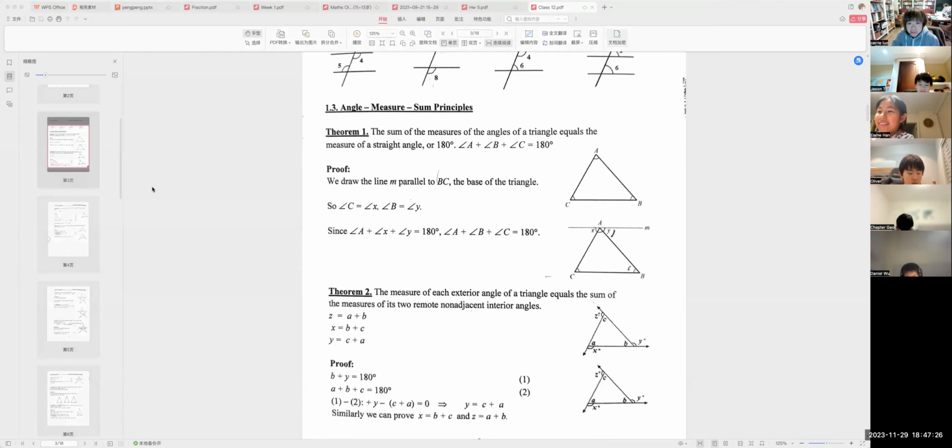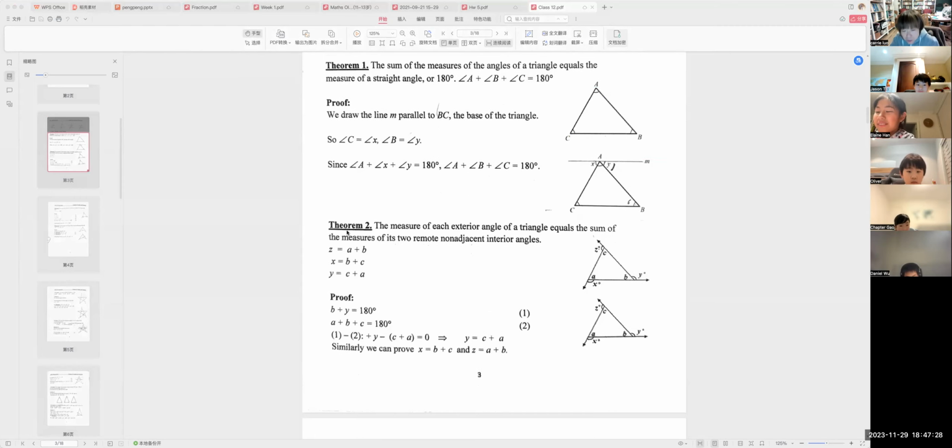Okay, so let's take a look at number 2. The measure of each exterior angle of a triangle equals the sum of the measures of its two remote non-adjacent interior angles. What does it mean? Every single angle actually has an outside angle. Don't you agree with me, chapter?